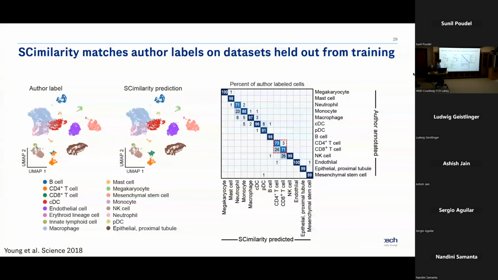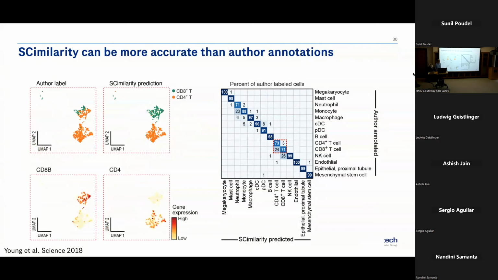And we can also zoom in to places where it doesn't match so well. So for example, with these CD4, CD8 T cells, there's a little bit of mismatch between my predictions and the author labels. So we can take a closer look at these cells. What I'm showing here is just subsetted down to these cells where the confusion matrix is.